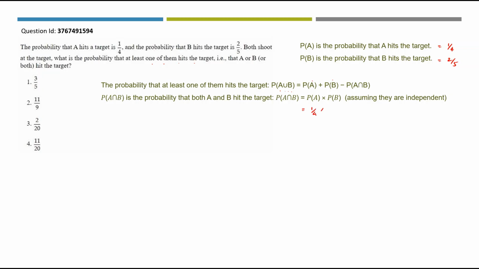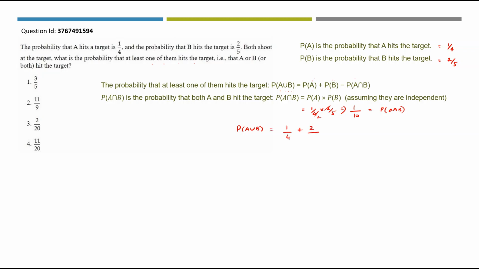It is 1 by 4. What is P of B? It is 2 by 5. We can cancel 2 here. Altogether you will have 1 by 2 into 5 is 10. So P of A intersection B will be 1 by 10. Now we have the value of all these three. So we can go for P of A union B. P of A is 1 by 4.